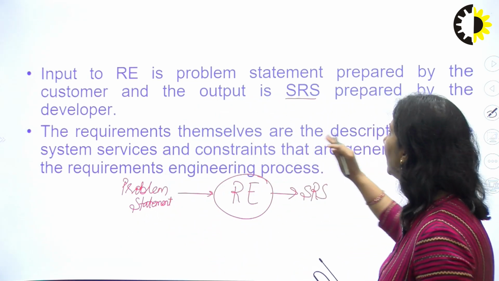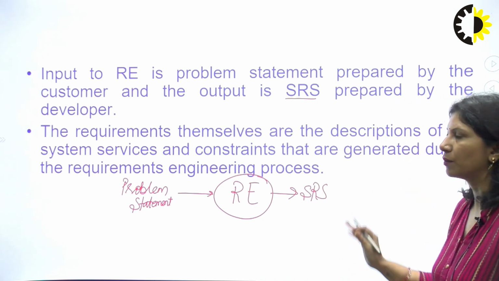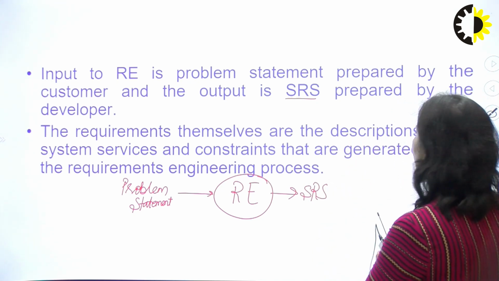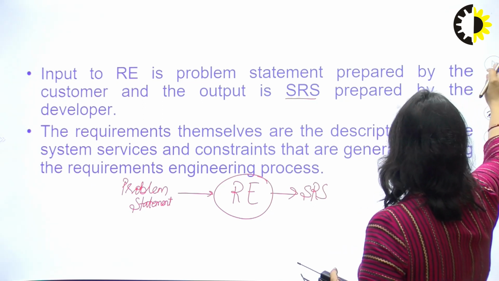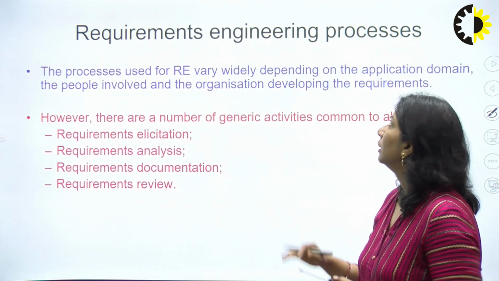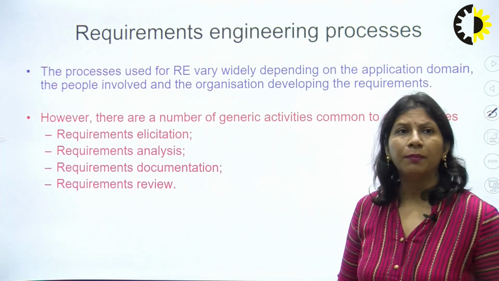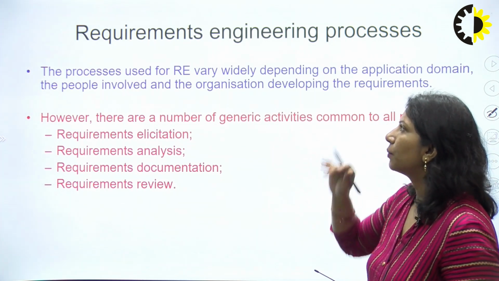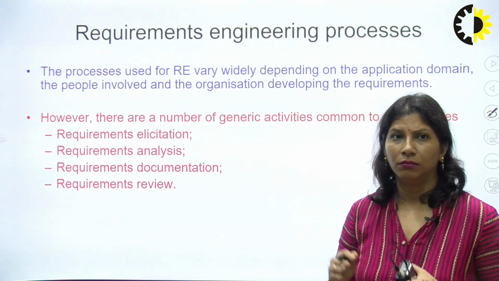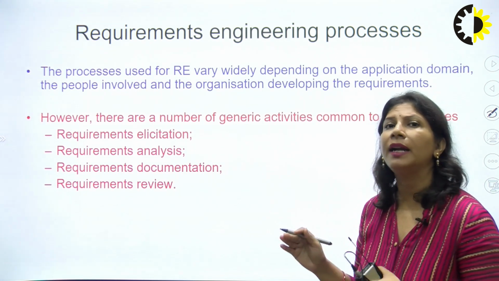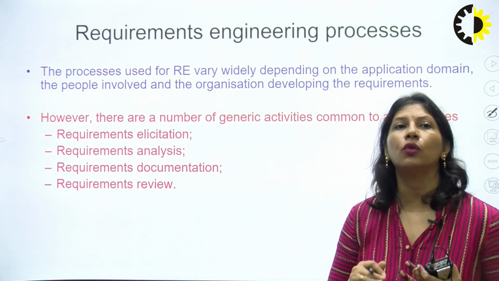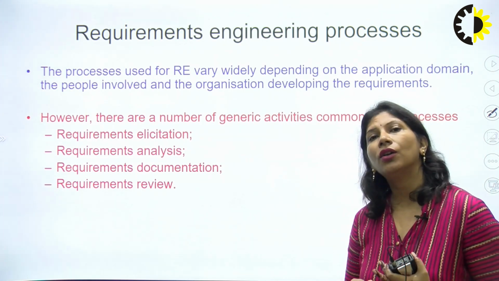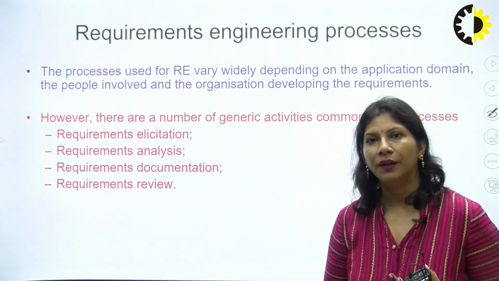The requirements themselves are descriptions of the system services and constraints that are generated during the requirement engineering process. This process varies widely depending on the application domain, the people who are involved, and the organization developing the requirements.